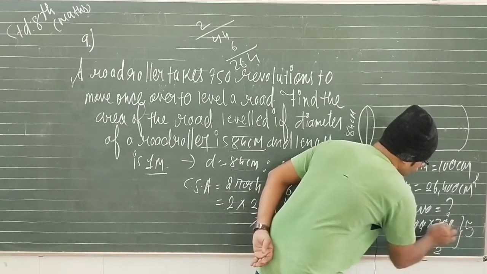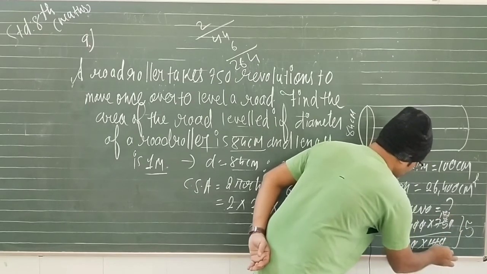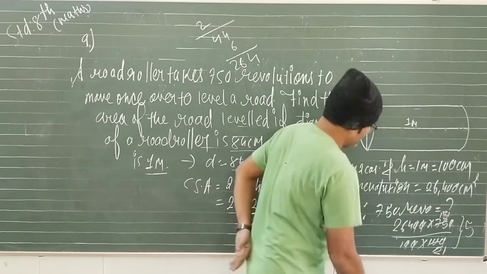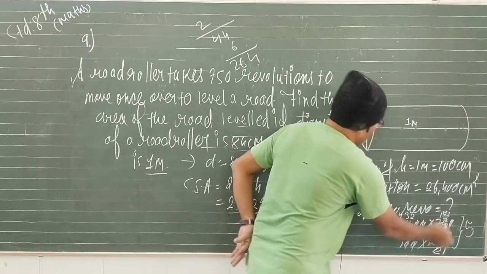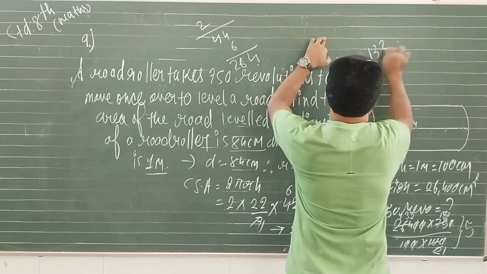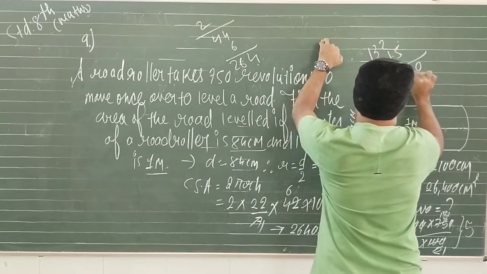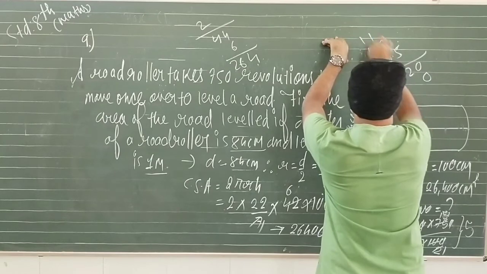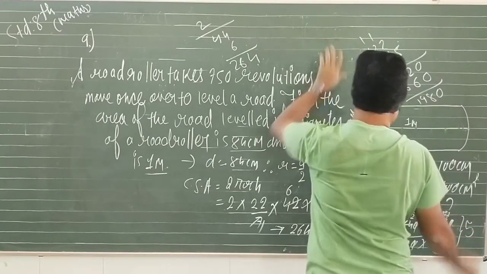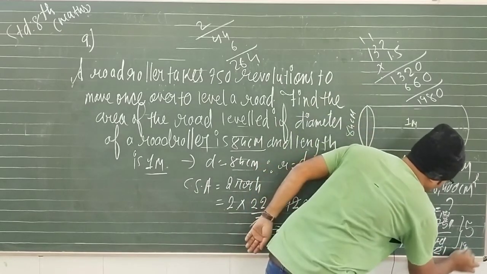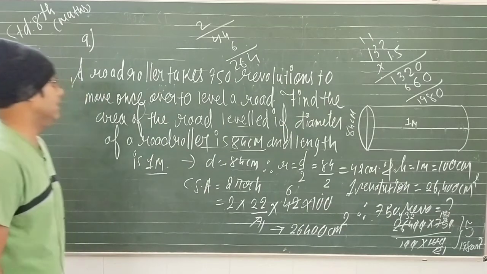Here 2 ones are 2. Here 1 3 2. 132 into 15. 132 into 15 is 1980 meter square will be the final answer.